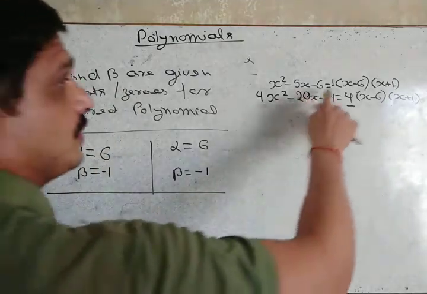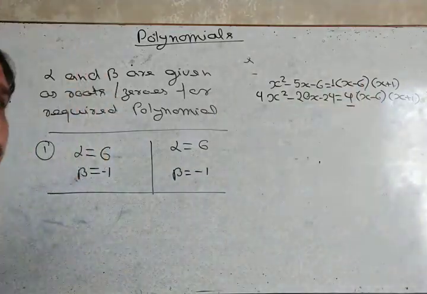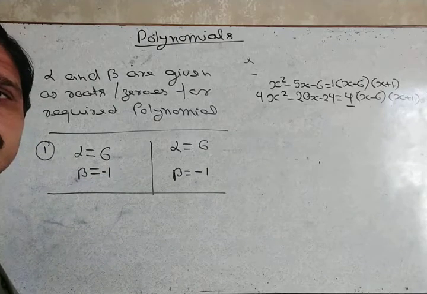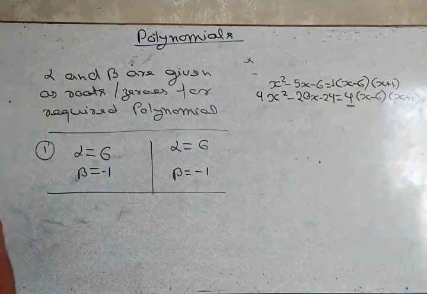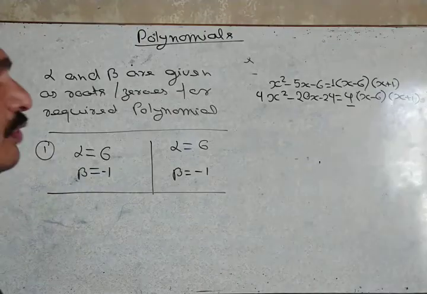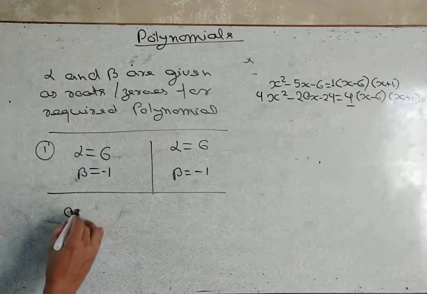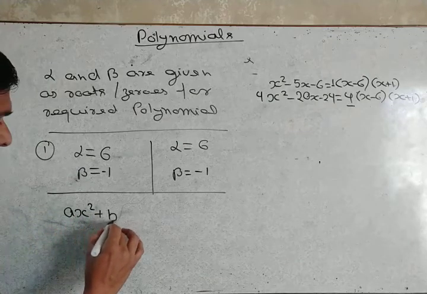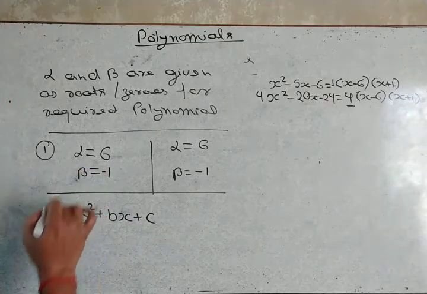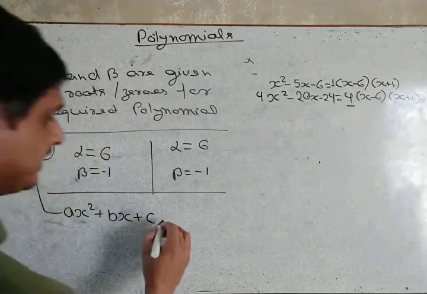How can we make that polynomial if roots are given? Let us assume the general equation for the polynomial is ax square plus bx plus c. If the roots of this general polynomial are alpha and beta, then this can be written as this.